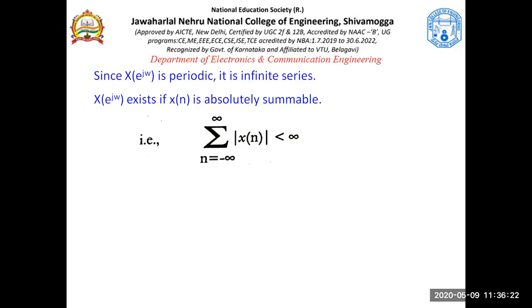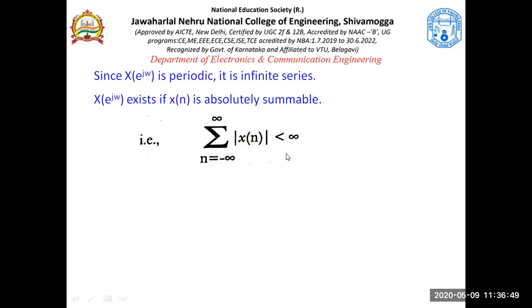So if it is converging or absolutely summable or a bounded signal, then only I can apply DTFT. Then only this spectrum is available. Otherwise, no.